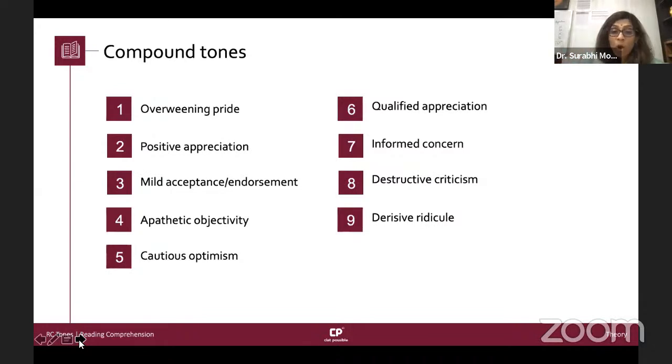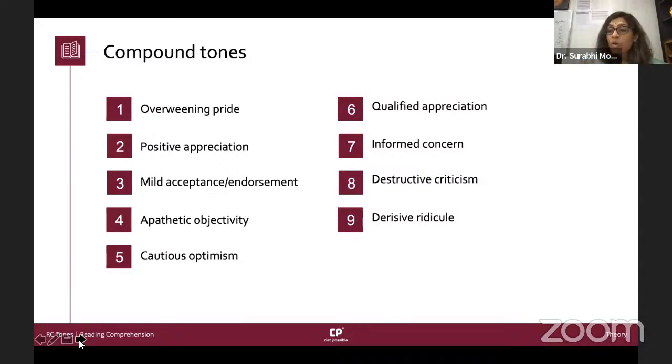You don't completely want to say endorsement, but yes, mild endorsement fits better. So the second word gives you more features, and hence allows you to look for a better answer.